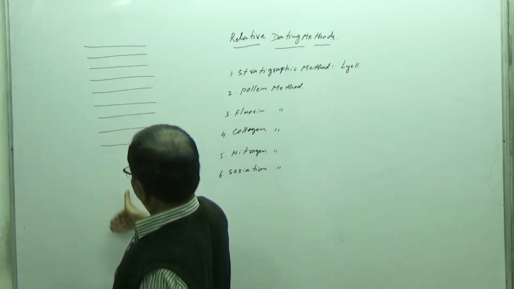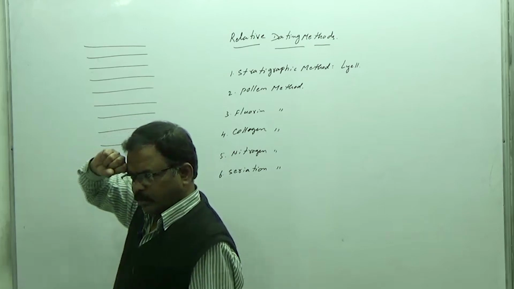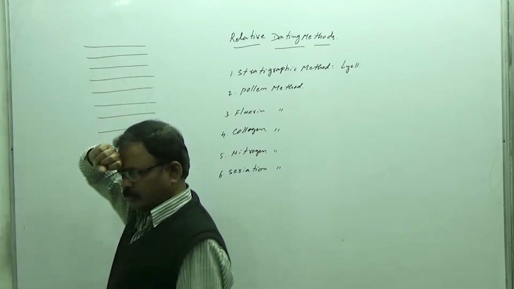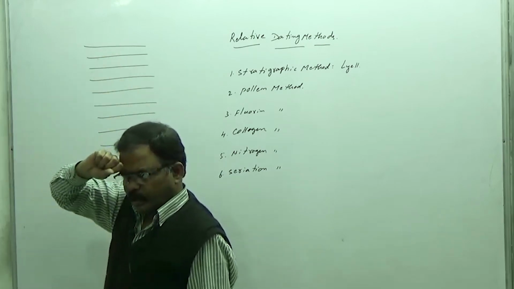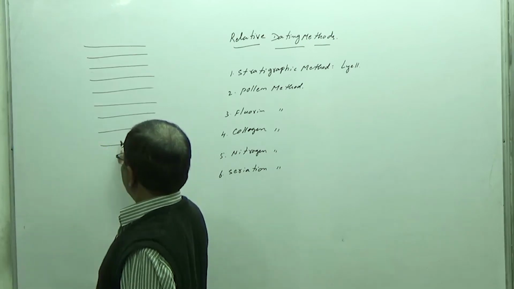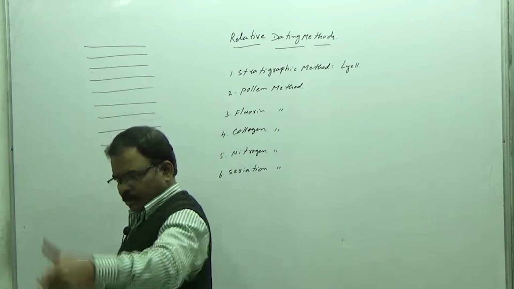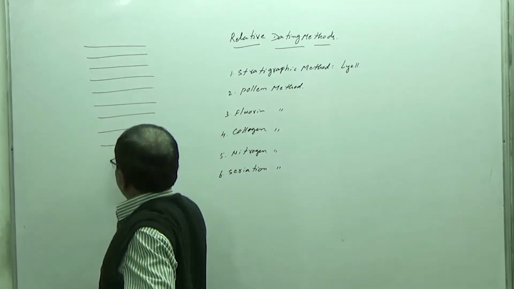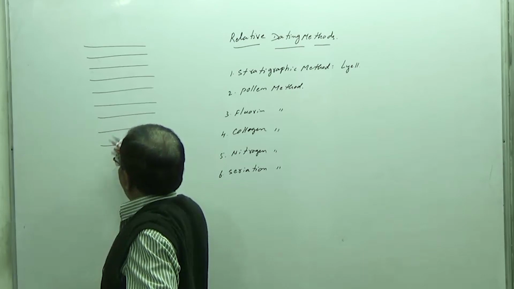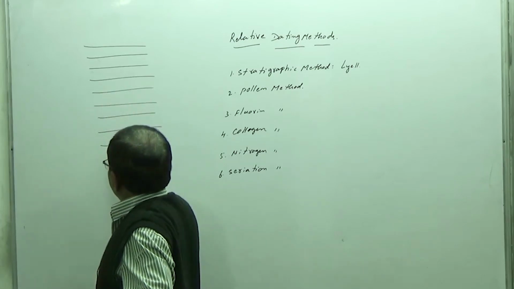See, the bottom layers indicate earlier, the top layers indicate recent. In some caves or some riverbeds, if they identify any fossil or any tools, something lower.